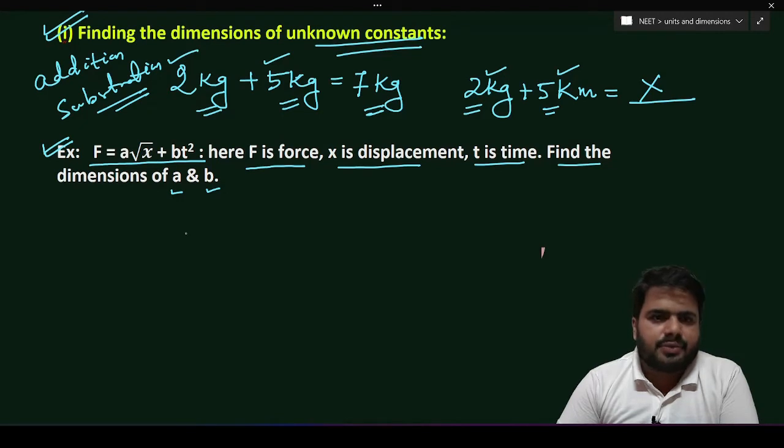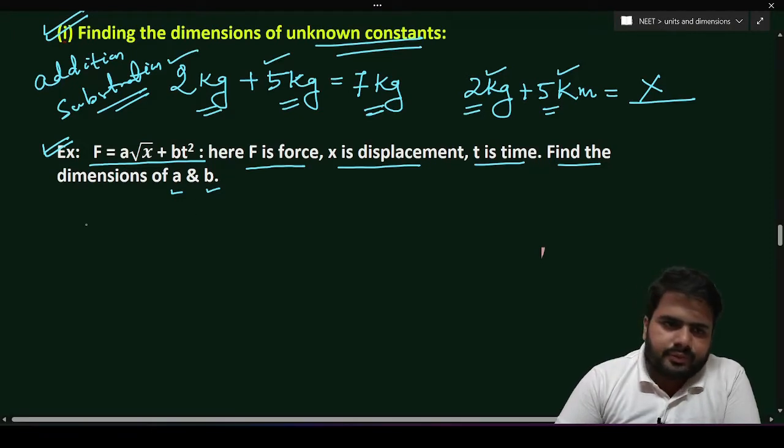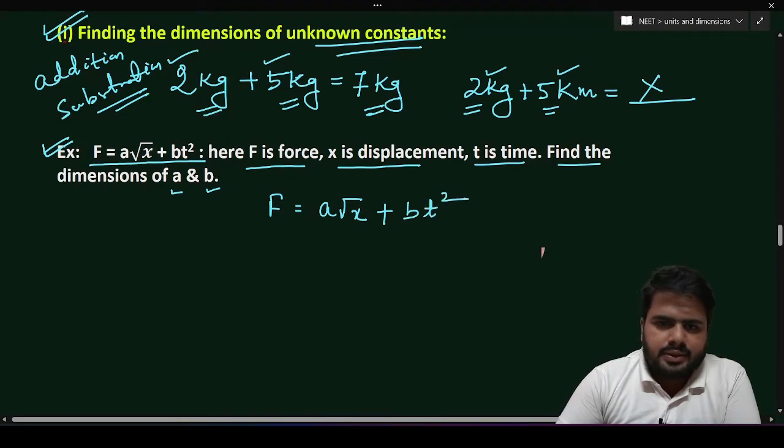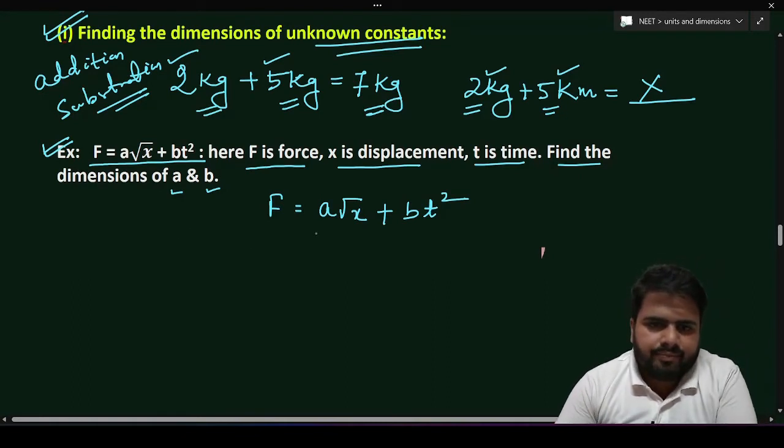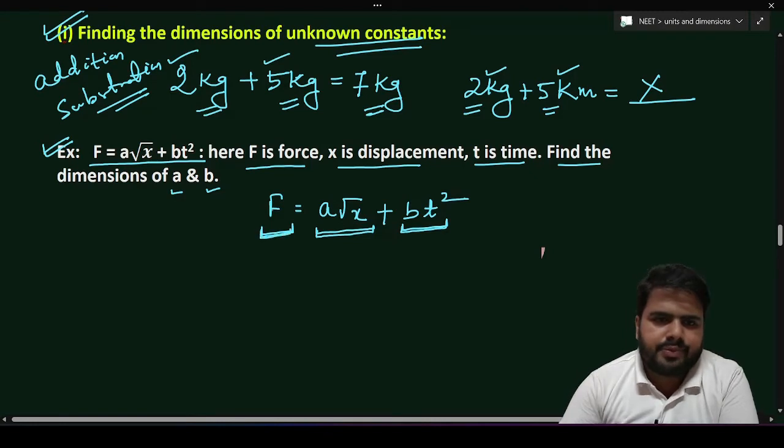We will find the dimensions of these two unknown constants by applying the logic we have discussed. This logic is what we call the principle of homogeneity. Let me write down the question. The question says F equals a root x plus b into t square. Now see carefully: a root x is added with b into t square and the result is F. You simply apply the same logic.